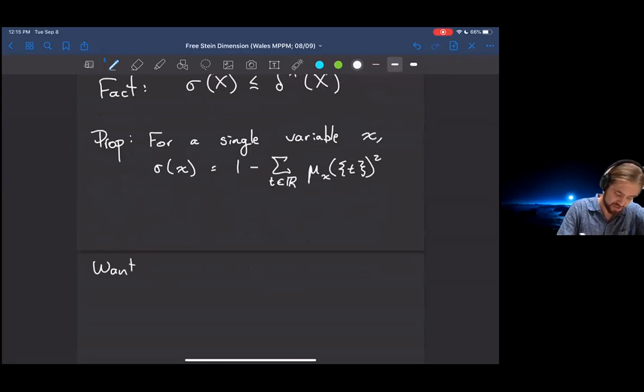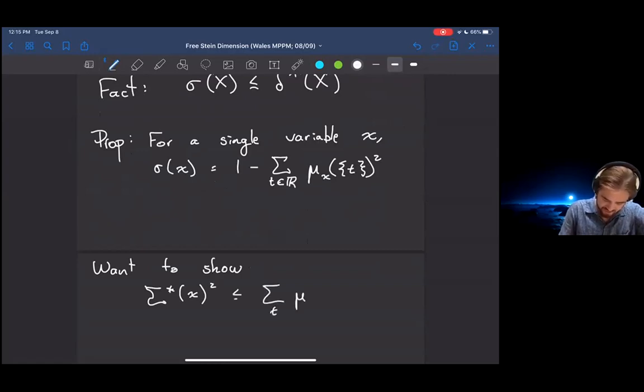So we want to show that the Stein irregularity of the single variable x is bounded above by this sum over real numbers of the atoms squared.